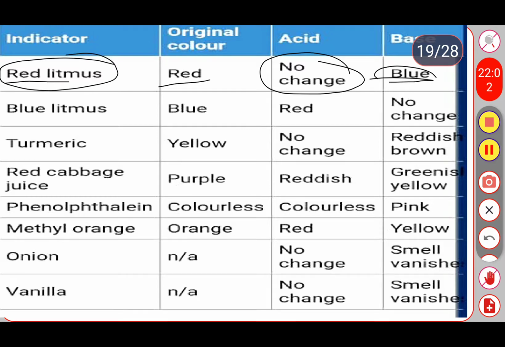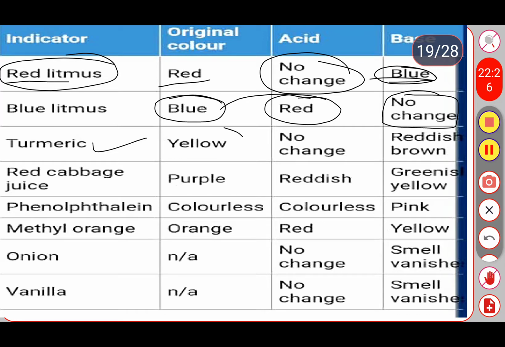Blue litmus paper: the original color is blue. It turns red in acidic solution and there is no change in the basic solution. And the third one is turmeric. The original color of turmeric is yellow.